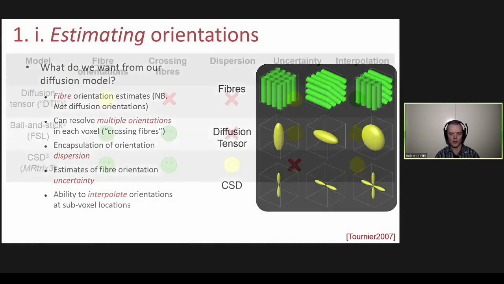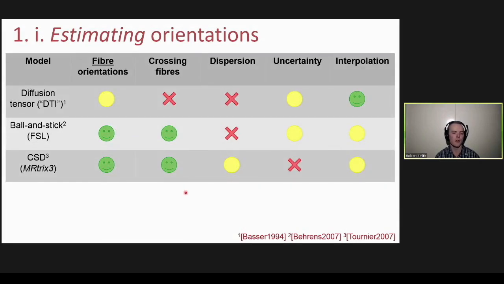Now, obviously this is a long list, and unfortunately there's no single model that can provide all of the desirable attributes. I've listed my subjective classifications for a few common models here. Unfortunately I can't go into all of the details. It's just worth bearing in mind that when you're assessing a particular model critically for use in tractography, here are a few different attributes that you can assess.